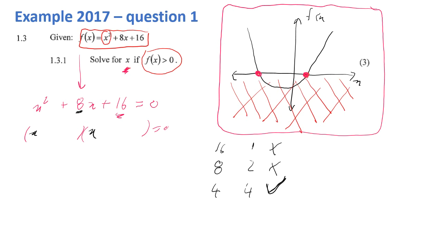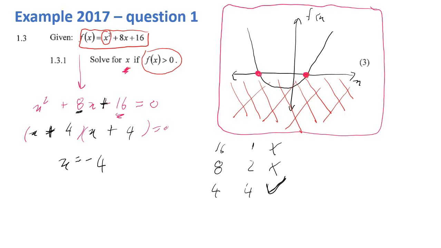And here comes in the special case, right? So I have plus and plus. So both of these have to be plus. Now I find that the value of x, therefore, is only x equals minus 4.